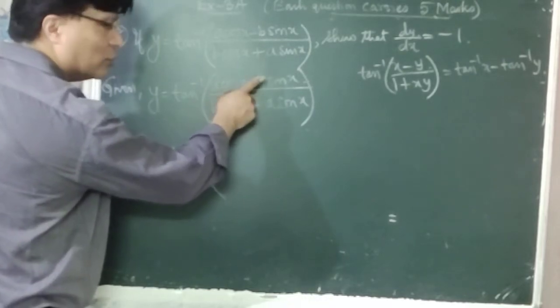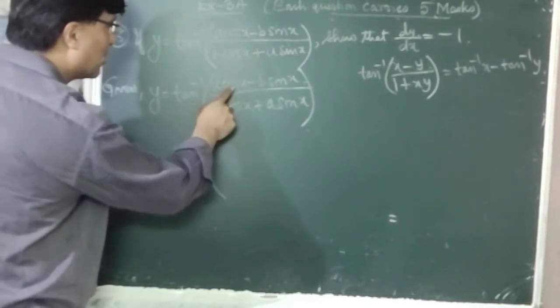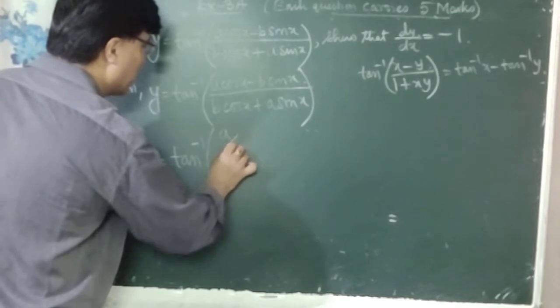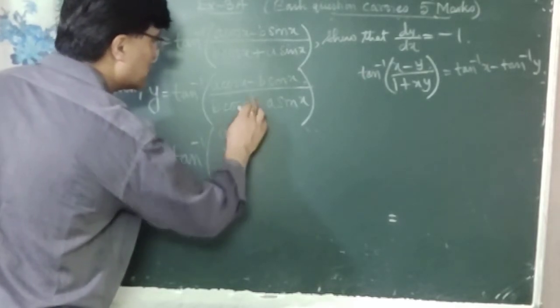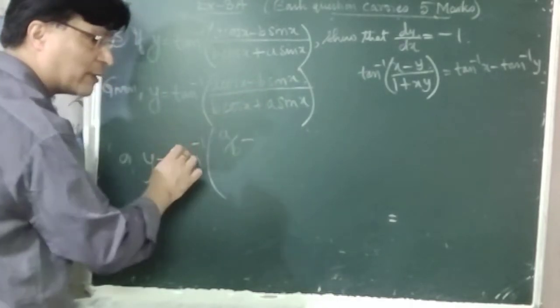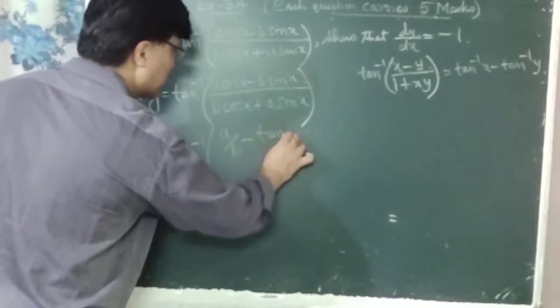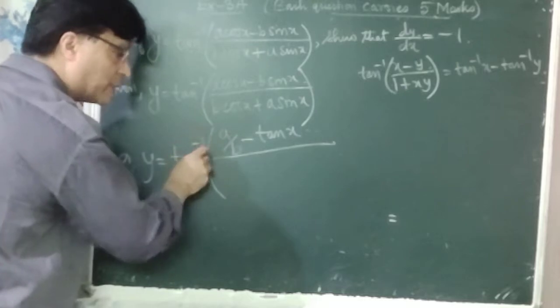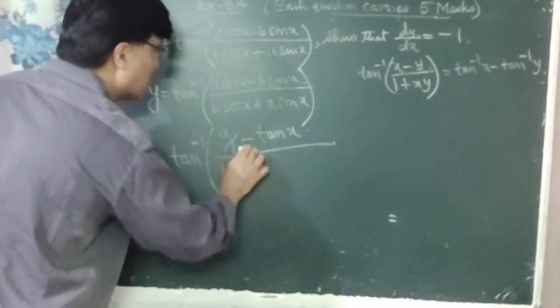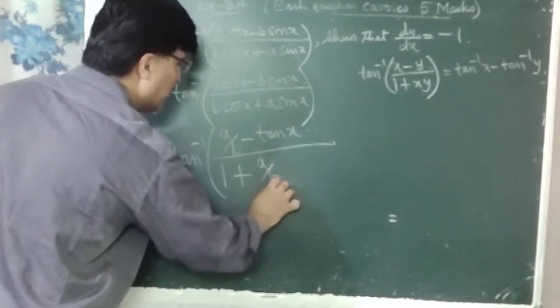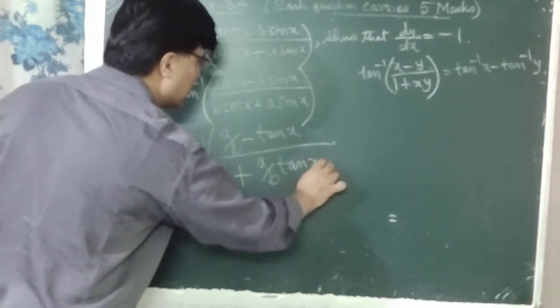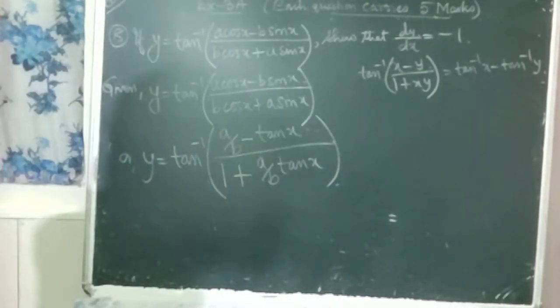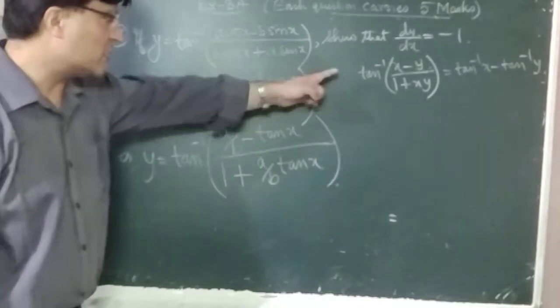You divide the numerator by b cos x also. A cos x divided by b cos x, that is a by b, minus b sin x divided by b cos x, that is tan x, right? So the denominator b cos x divided by b cos x itself is 1, plus now it is a by b, and what is sin x by cos x? That is tan x. So we have got this form, isn't it?